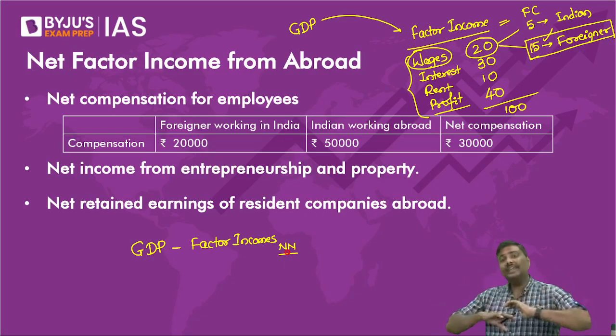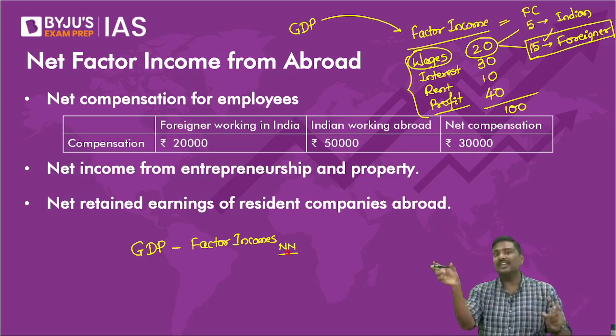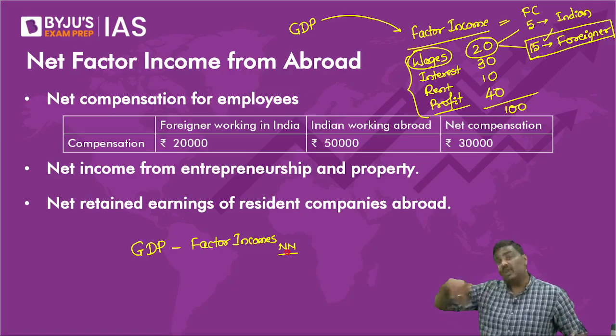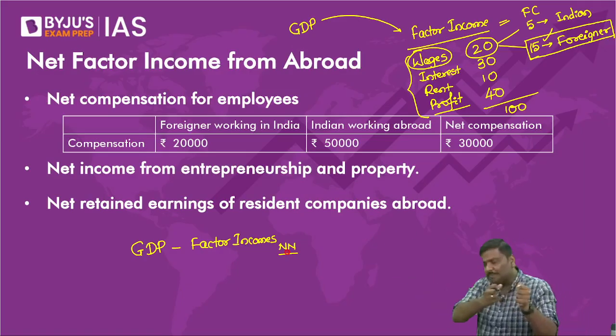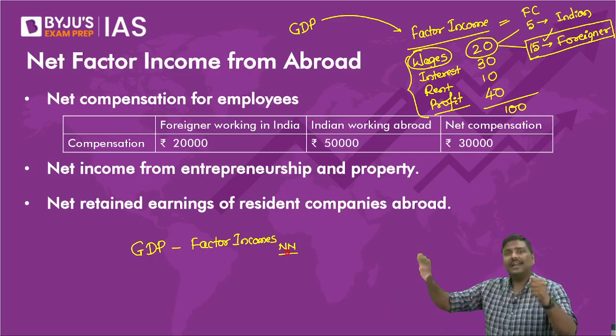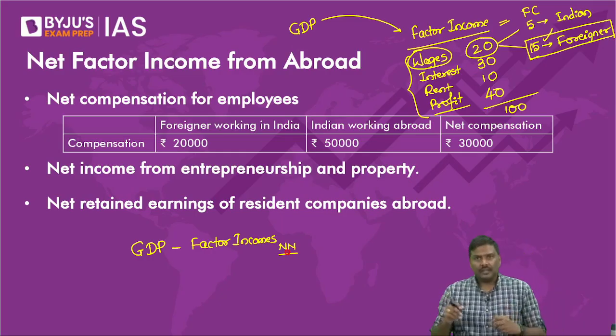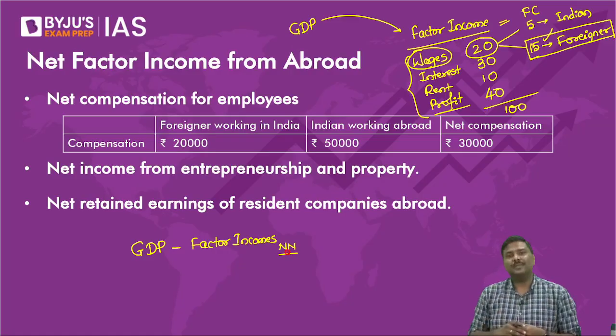That is, these are not Indian nationals. Whatever factor incomes are generated by the non-nationals, I will have to subtract it. Is the point okay with all of you? I will have to subtract it. Why? GNP does not count other nationals here. But there is one more adjustment. What is the one more adjustment?